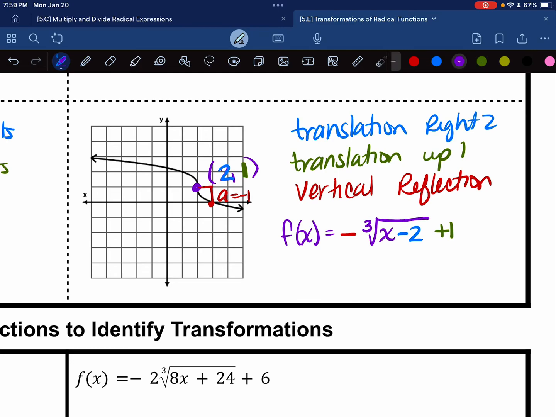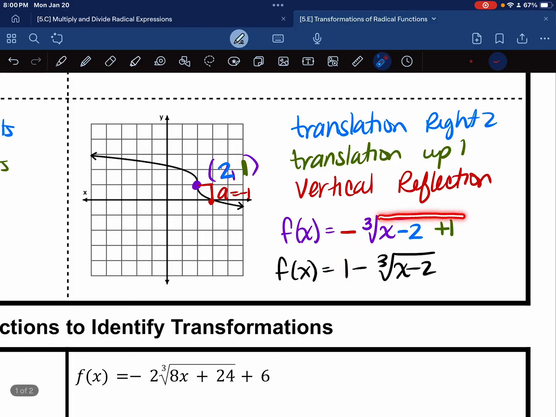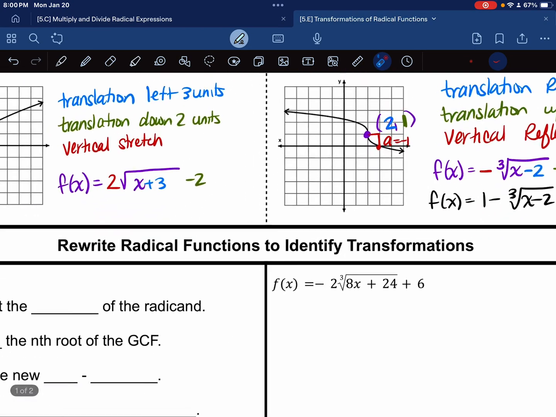Now remember, sometimes you might see it written like this, where they move the k value in front of the radical. Often a lot of textbooks will do that because kids struggle so much with the length of the radical and what it covers. So for clarity, sometimes you might see it like that, and it still has a -a, and it still has the +1. It just looks a little different, which could be confusing for kids.